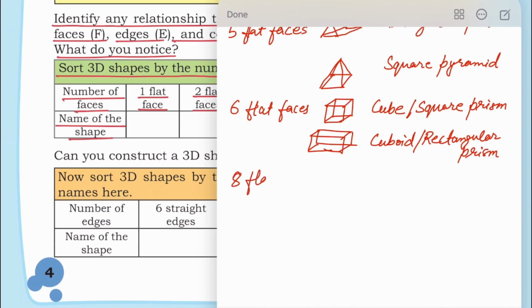Eight flat faces. You can draw hexagonal prism. Hexagonal prism has eight flat faces.